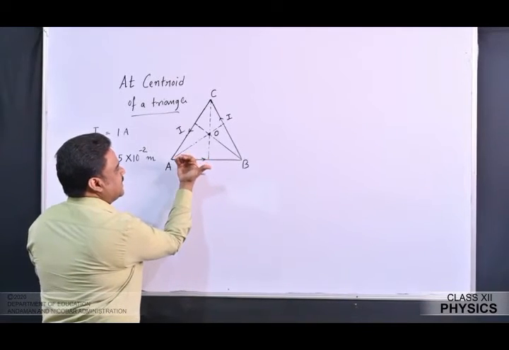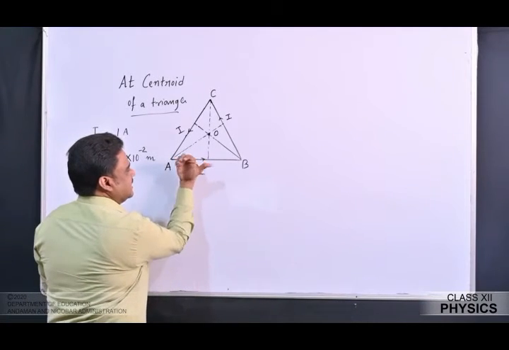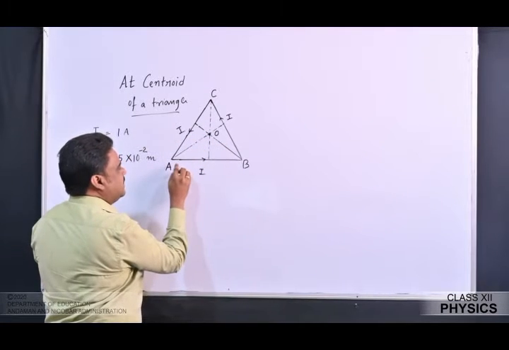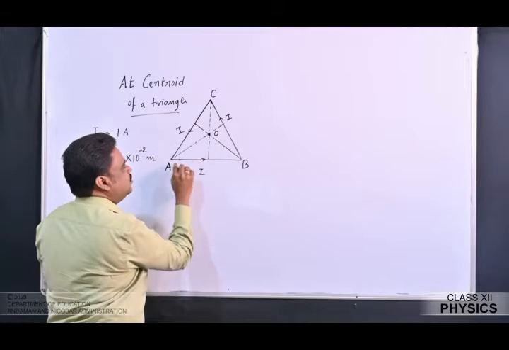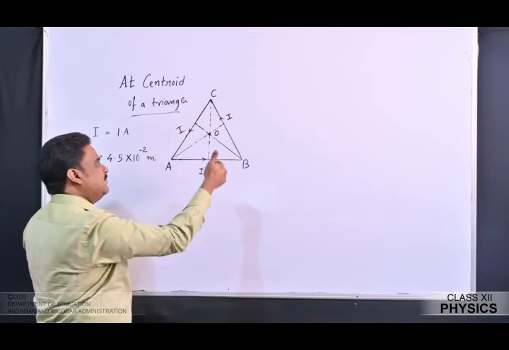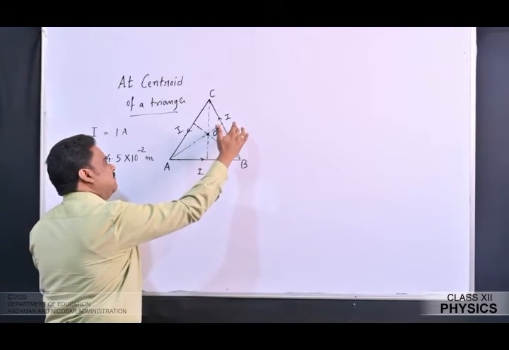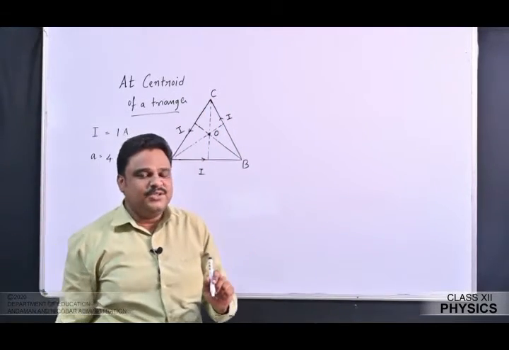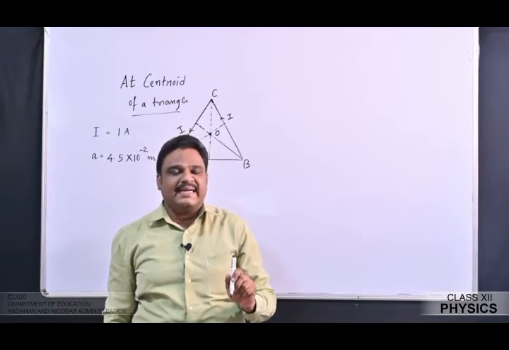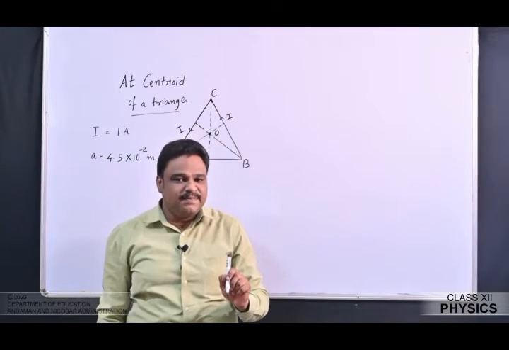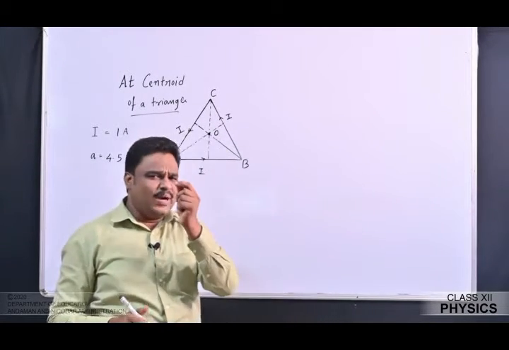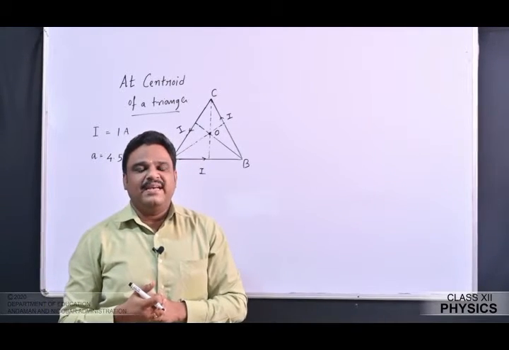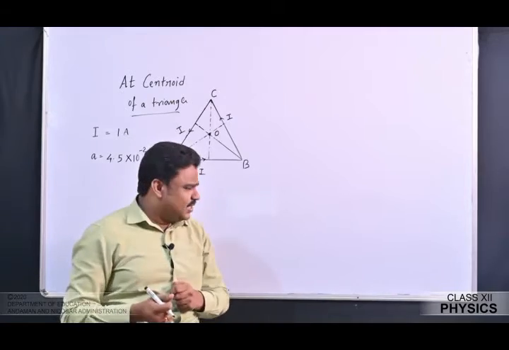If I keep my thumb along the direction of the current, that is AB, the fingers at O act outward. So the direction of magnetic field due to AB at O will be outward. Similarly, for the arm BC and also for the side CA, the magnetic fields are equal in magnitude and also act in the same direction. So just by getting one side value, I am going to multiply it with 3 to get the total value at the centroid. So let us start.